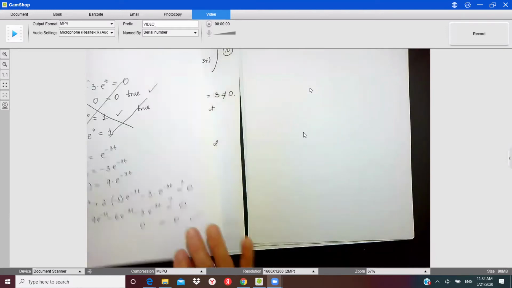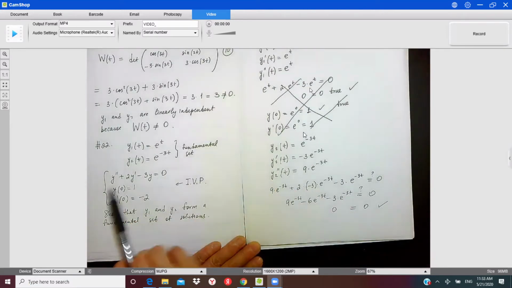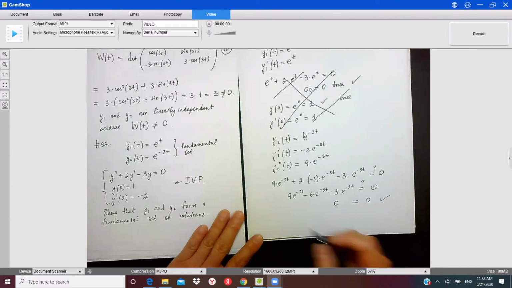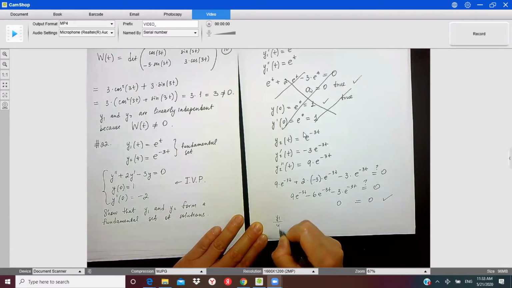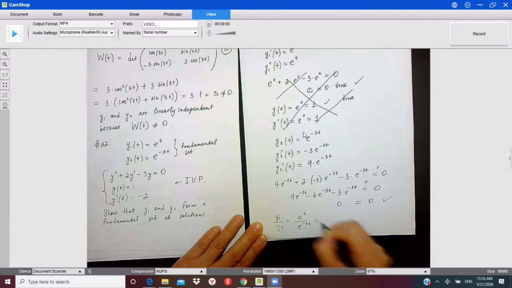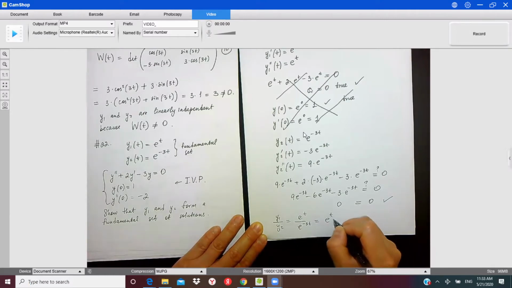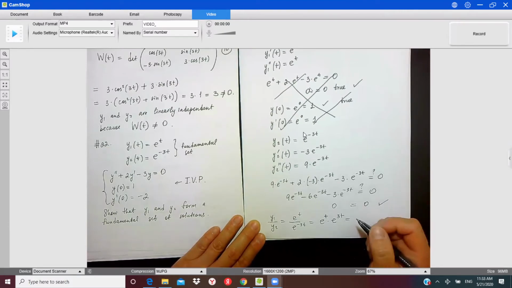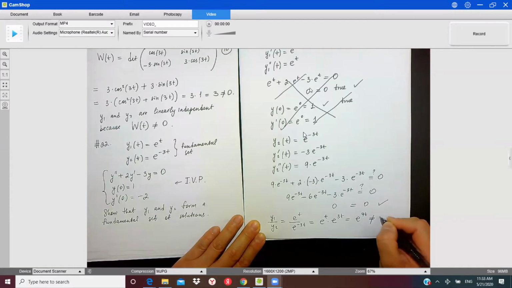All right, so far, both functions satisfy the differential equation, but we need to make sure they are independent. So I'm going to take the ratio y sub 1 divided by y sub 2, e to the t over e to the -3t. So this is the same as e to the t times e to the 3t. Not a constant, am I correct? Not a constant.